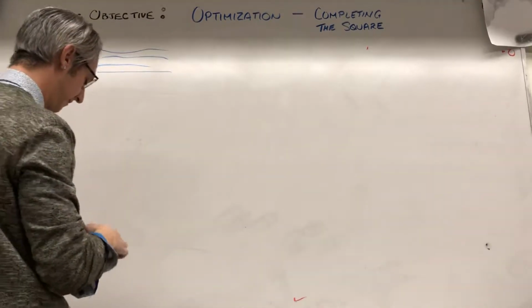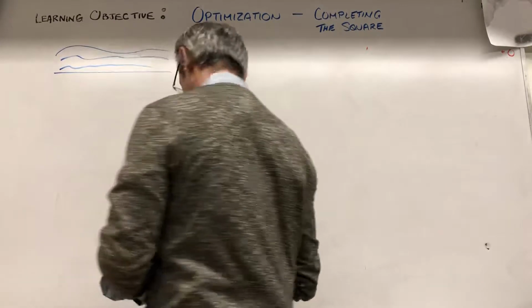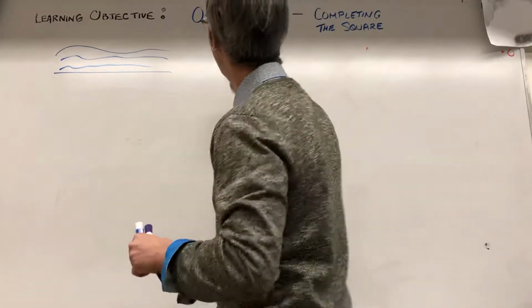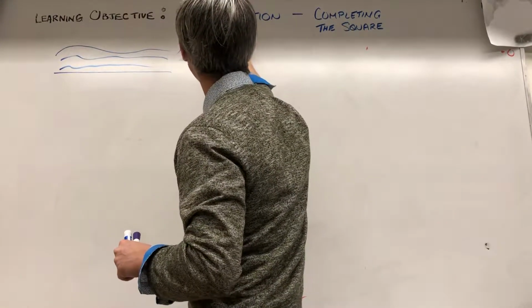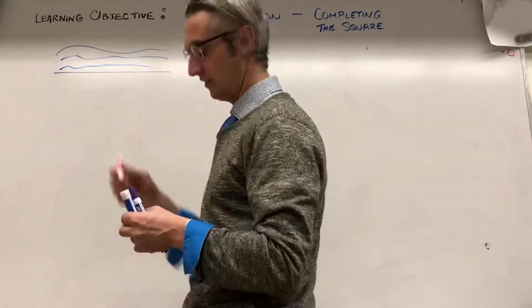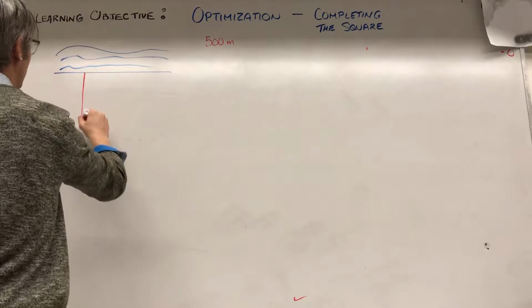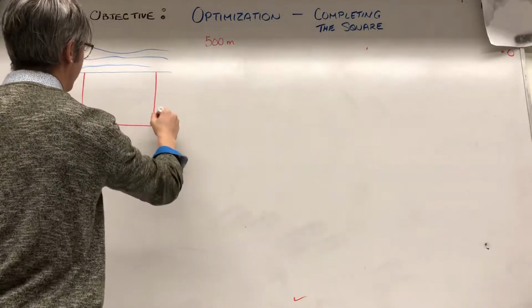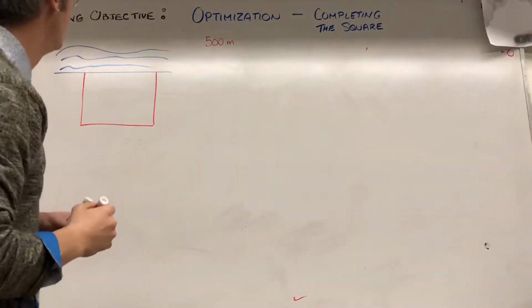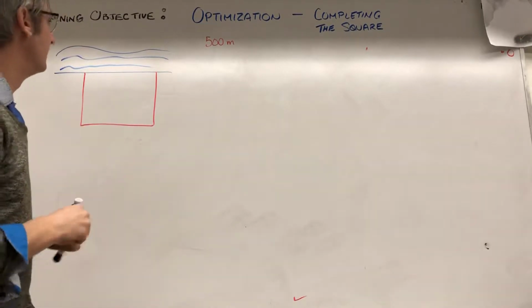And I'm going to pull some numbers out of my hat. Let's say they have 500 meters of fencing, okay? And they want to use the river to fence off the largest area of land they can, okay?